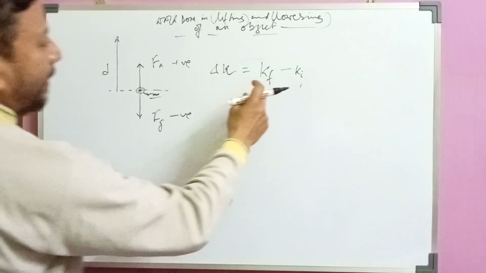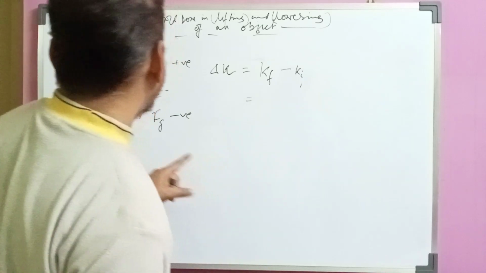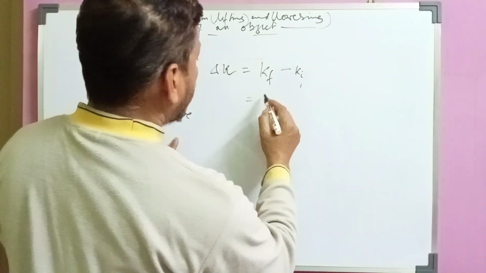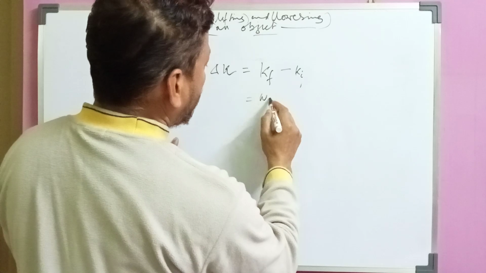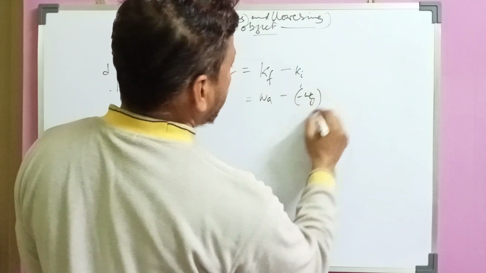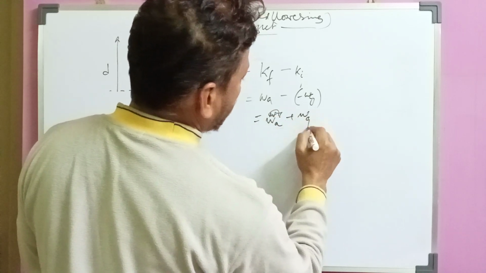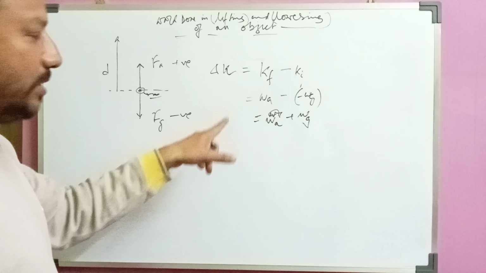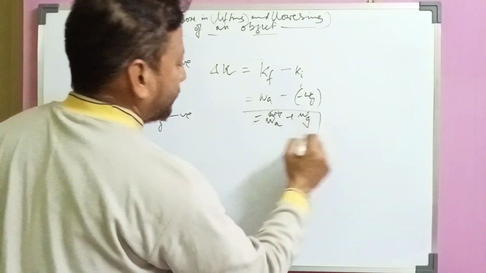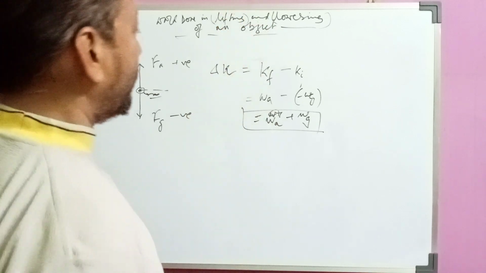So if this is the final and this is the initial, as this is the negative part, the Kf will be the work Wa, and the negative of the negative Wg will be Wa plus Wg. So this we got in the case of lifting of the object.